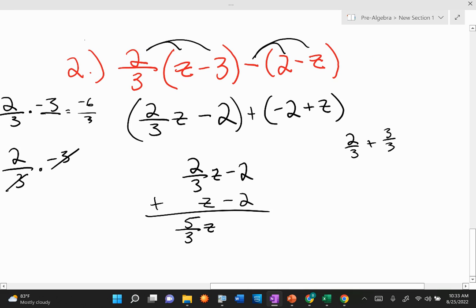And then when you're adding fractions, it's 2 plus 3 is 5, and the denominator has to stay the same. That's probably 5th or 6th grade math. So it's been a long time since you guys have had to do that. So then we have negative 2 plus a negative 2 is negative 4.